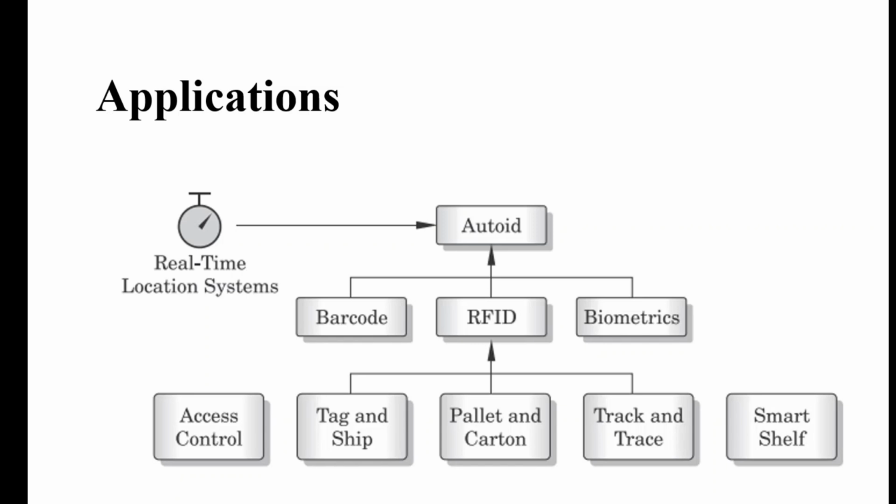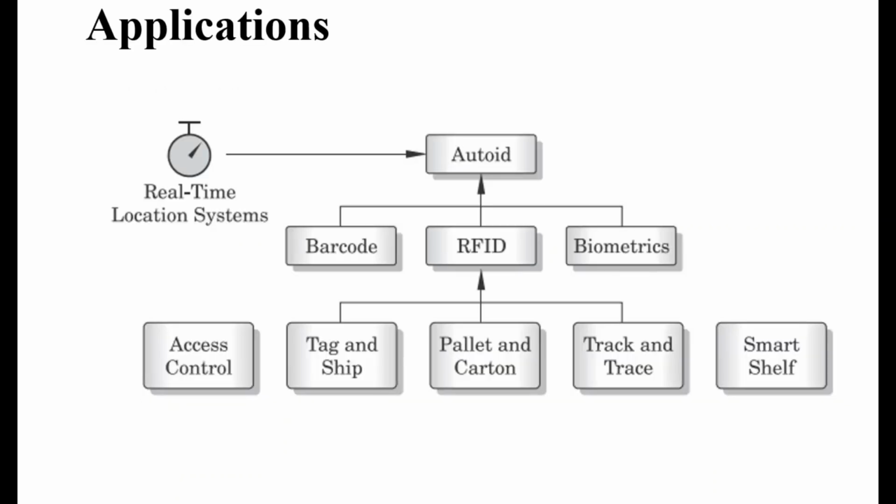These technologies are used in real-time location systems, which allow tracking and identification of items, people, or assets. The diagram clearly shows the applications of RFID like access control, tag and chip, pallet and carton, track and trace, and smart shelf.